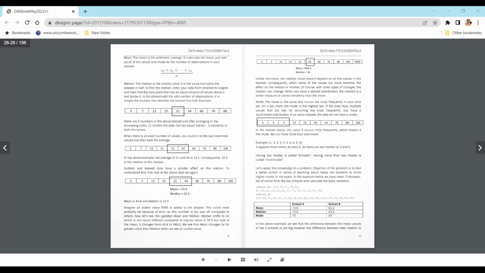Yes. So 0 to 15 was the mode of the previous example because that had the maximum count, isn't it? So the one that gives you the maximum value.